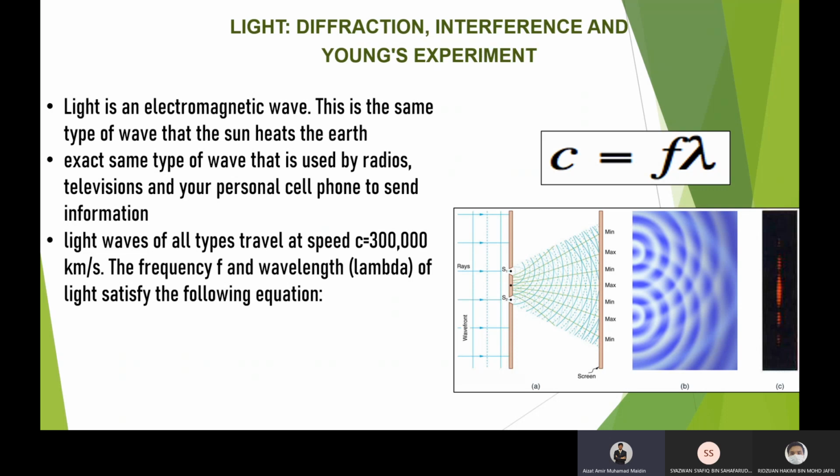Light waves of all types travel at speed c, 300,000 kilometres per second. The frequency f and wavelength of light satisfy the following equation. This is an example in the picture. As you can see, it is a waveform, and you can see on the right the pattern. Okay, this formula. Next slide.